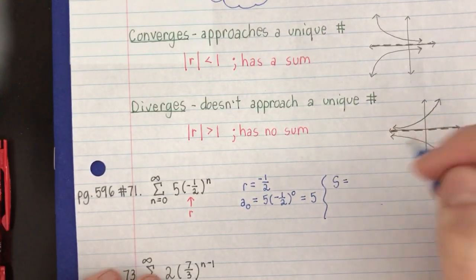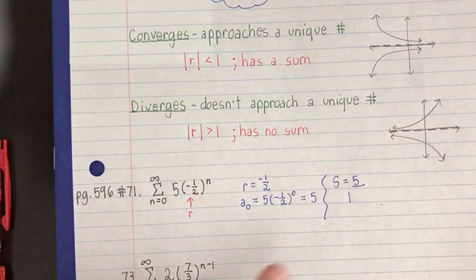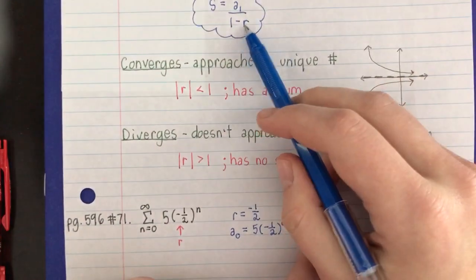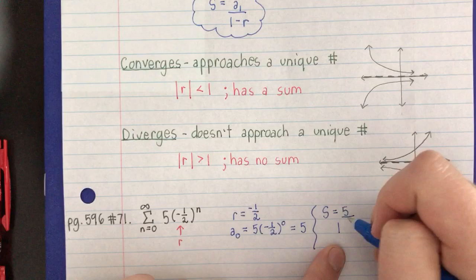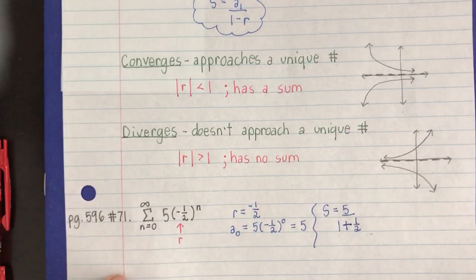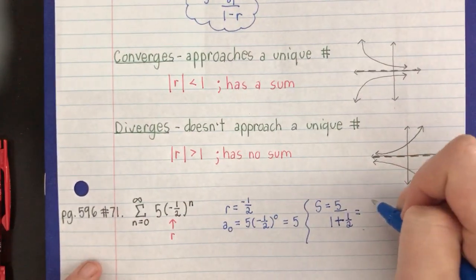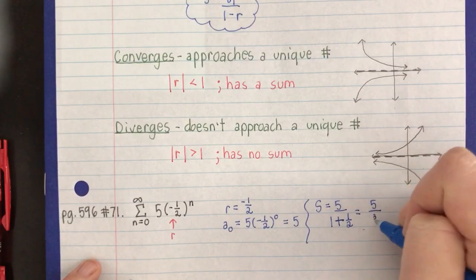S equals 5 over 1 minus r, so minus -1/2, and when you minus a negative, it turns to positive. So 5 over 3/2.